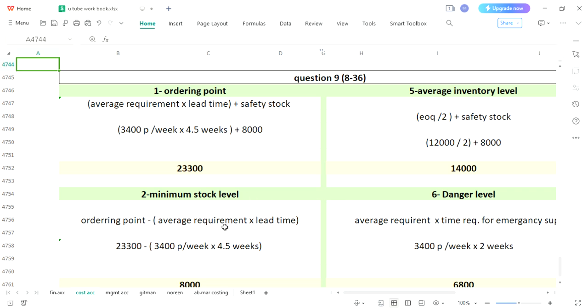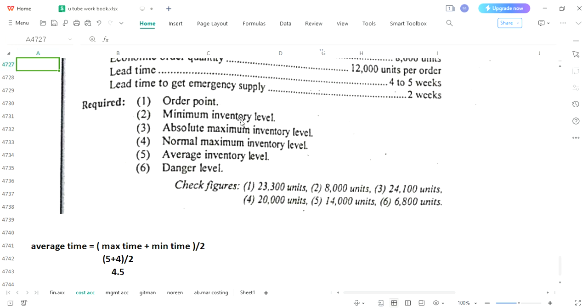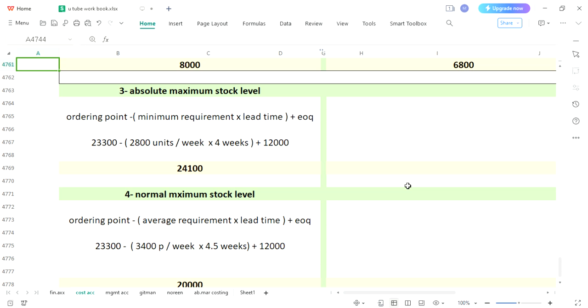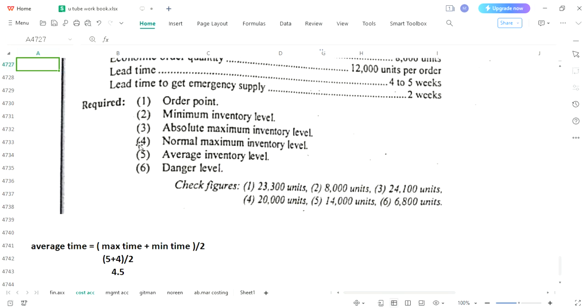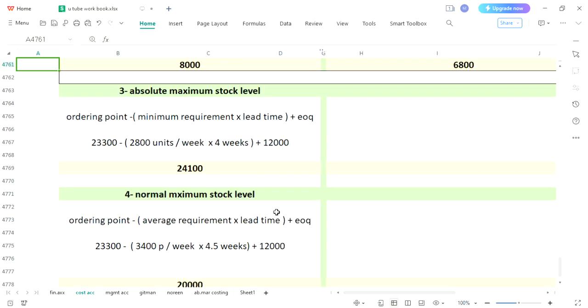Then you have absolute maximum 24,100. And then we have fourth number, normal maximum 20,000.